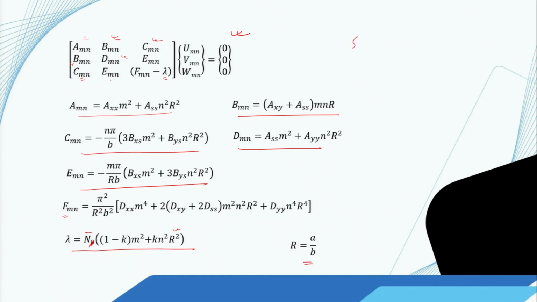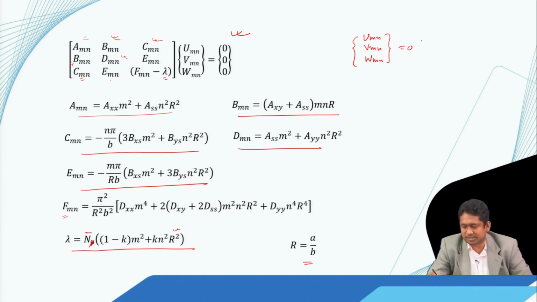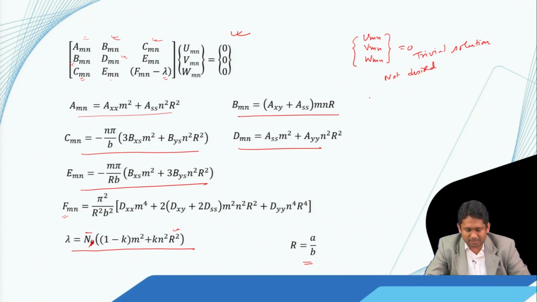This set of equations has a trivial solution, UMN, VMN, WMN equal to 0. It's a trivial solution which we don't want. It's not desired, because trivial solution means nothing is happening, no buckling.